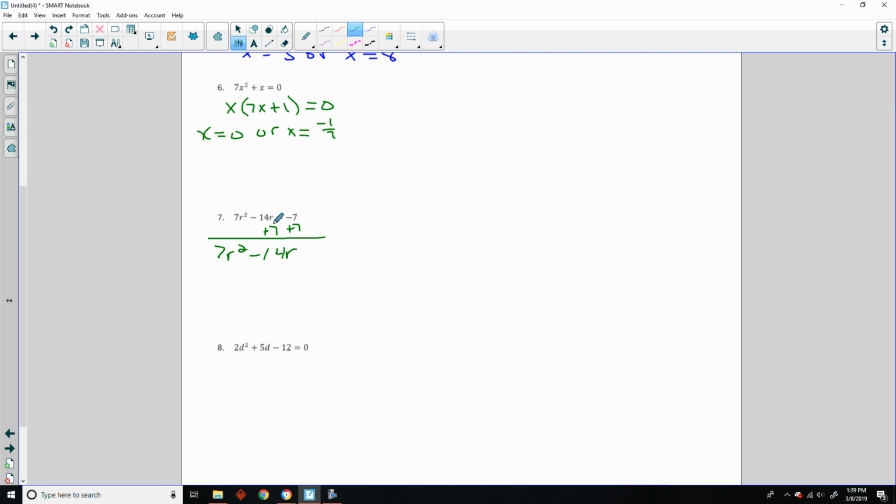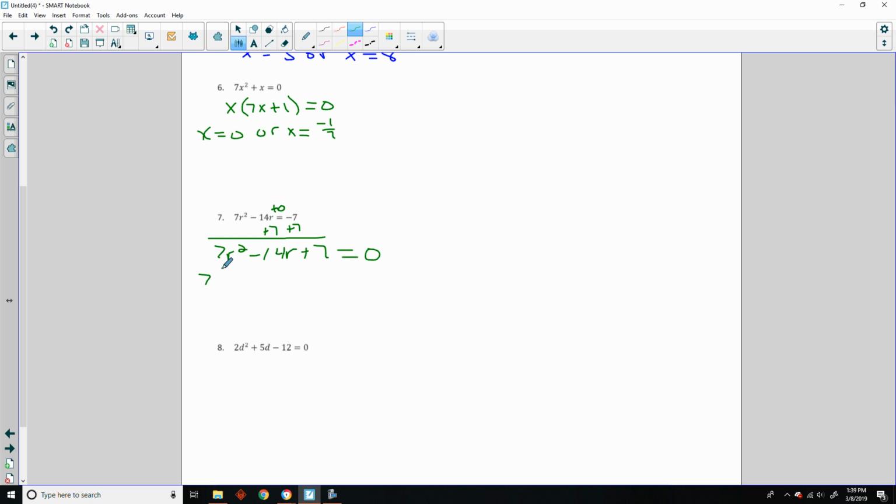Now remember, be careful. Do not add 7 to 14 and say that's negative 7r. 7 does not have an r. It is my constant. Think of this as plus 0 at the end, and you're adding 7 to 0, so now it's plus 7, and negative 7 plus 7 is 0.